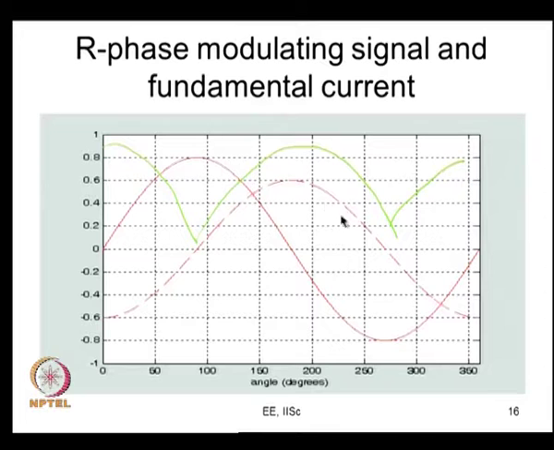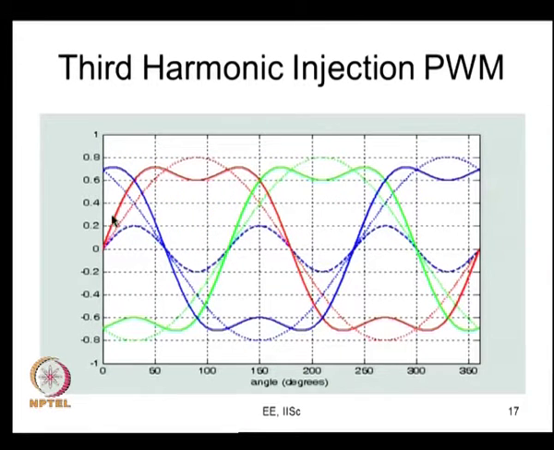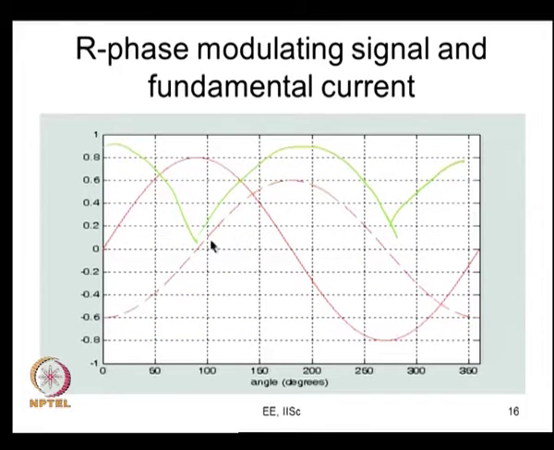You can add third harmonic injection, that is any continuous PWM where your modulating signal is a continuous function of time. An example would be third harmonic injection. Here also, I have not shown the current. Let us say the current is the same as what you have here.